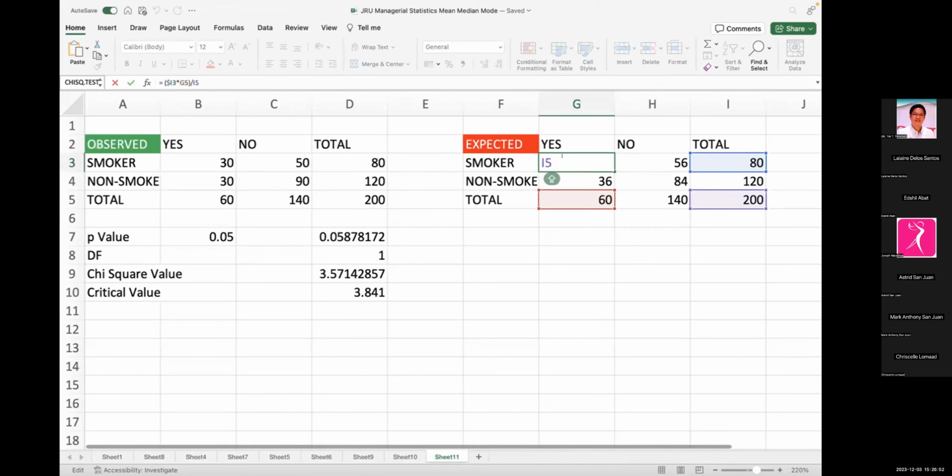Yes, Doc. 24 plus 56 will be 80, then 36 and 84. Always take the total if they are equivalent. The formula he is showing, Doc Tim, is there when he highlights it, like this. If you have a discrepancy, better remove the dollar sign because we will have a syntax error.